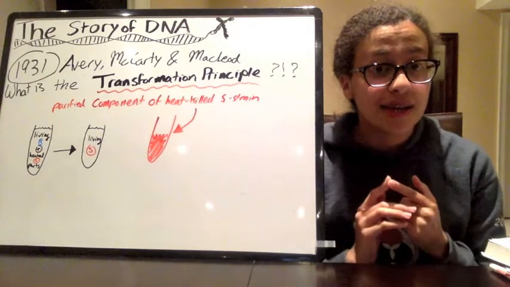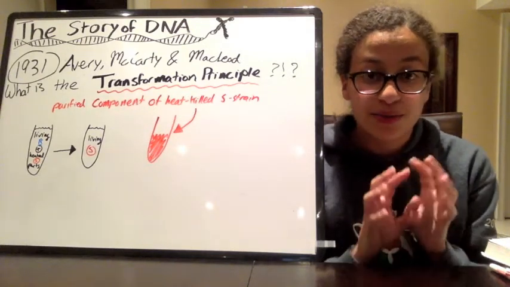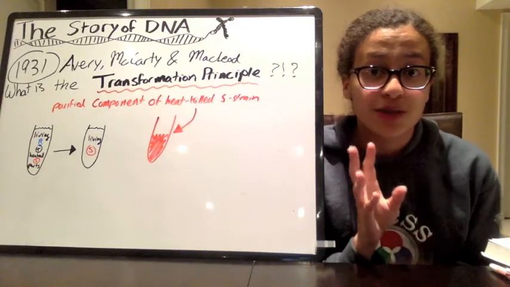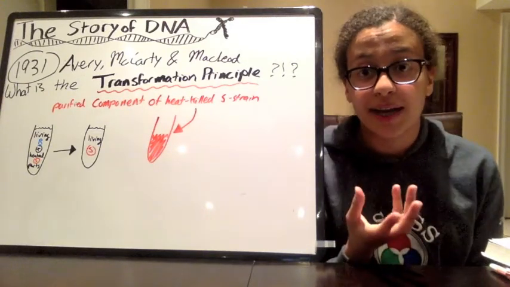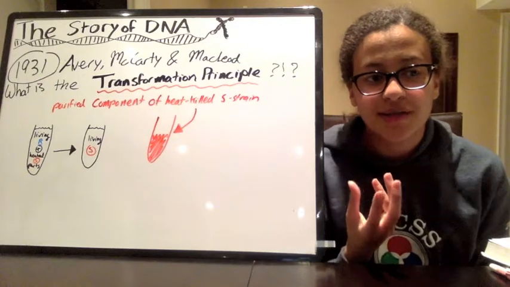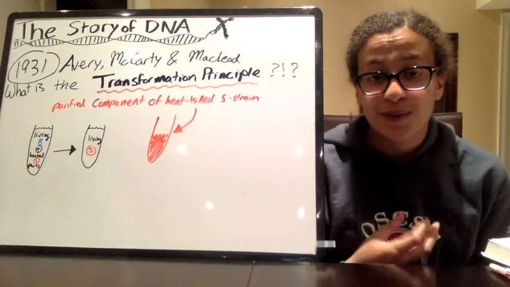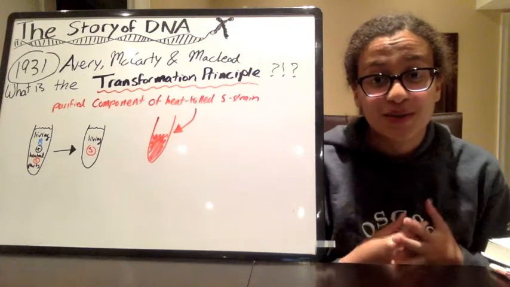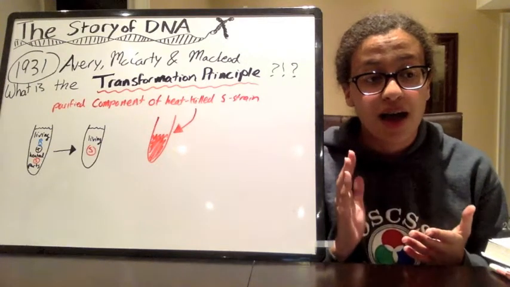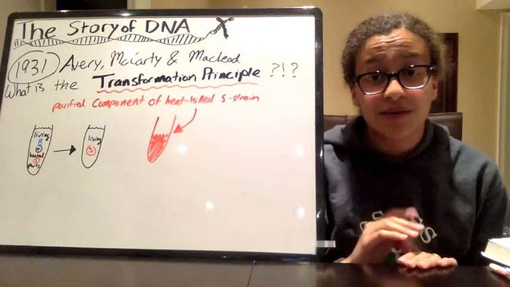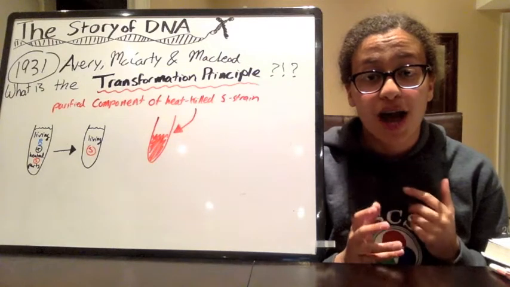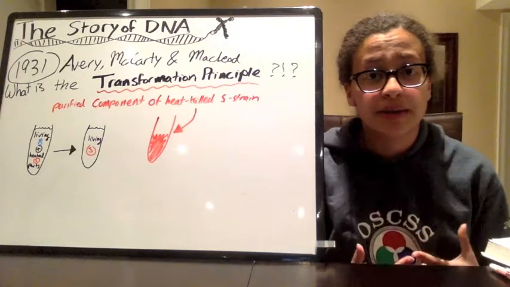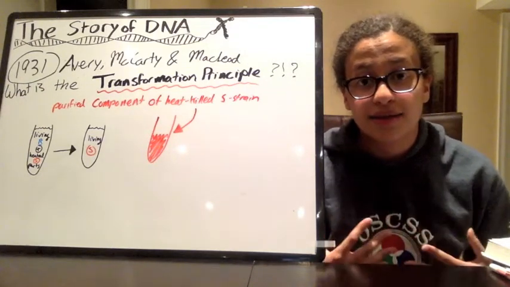Although they had this pure sample of this transformation principle, which we now know is DNA, they needed to find out what it was actually made of. So the way they did this was through a series of experiments using different enzymes, breaking down different components of what could possibly be in this principle.